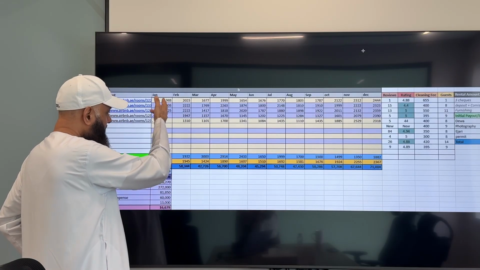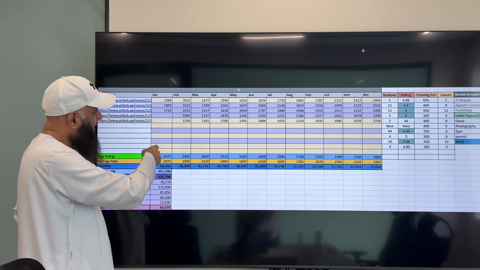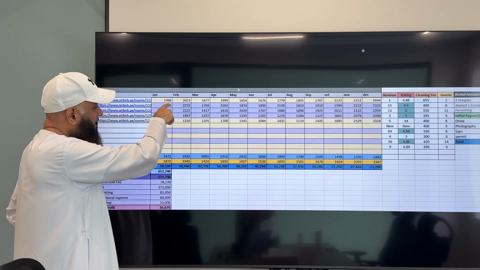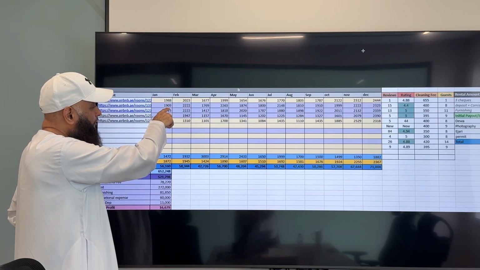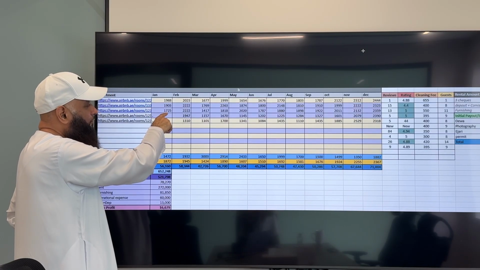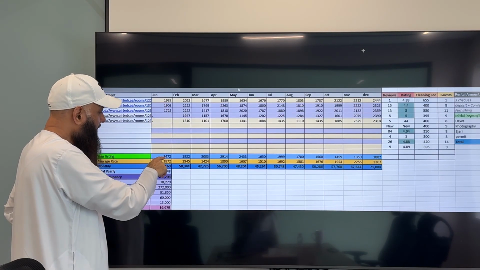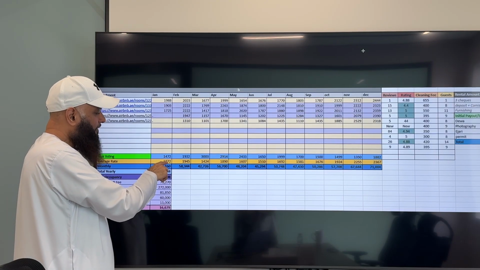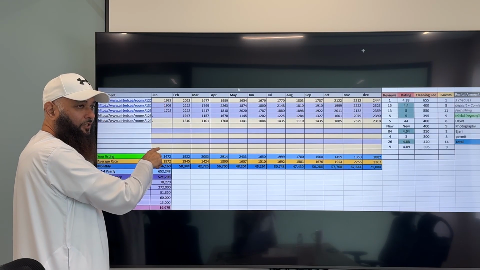So for January, for this kind of property, the average daily rate is 1,988 for this unit, 1,903 for this unit, 1,725 for this unit. So the average for January is 1,872 based on what's available.